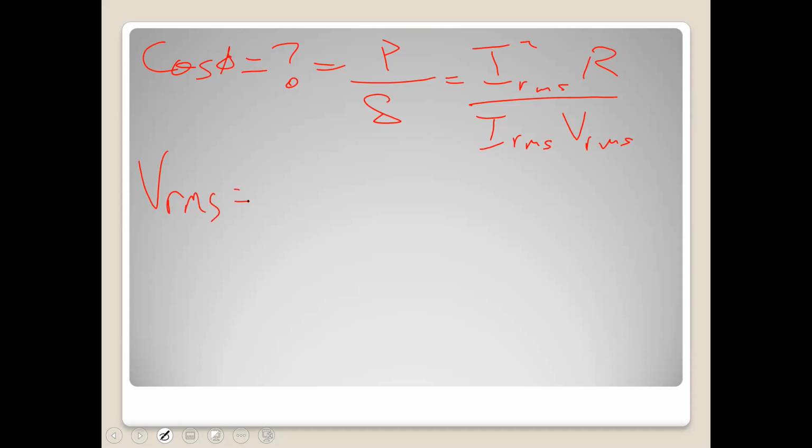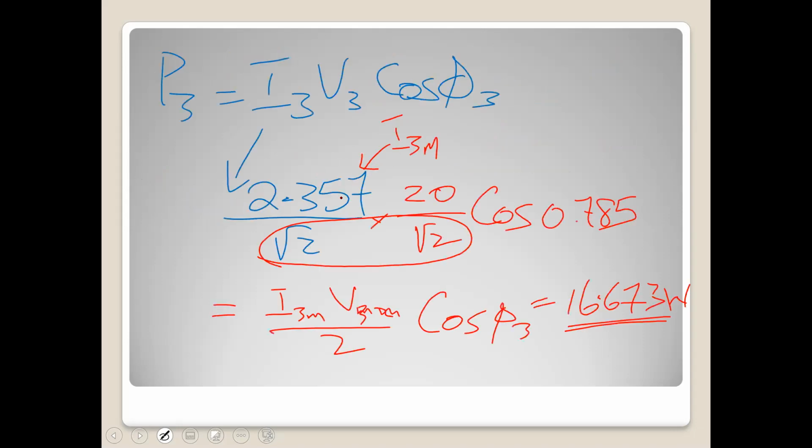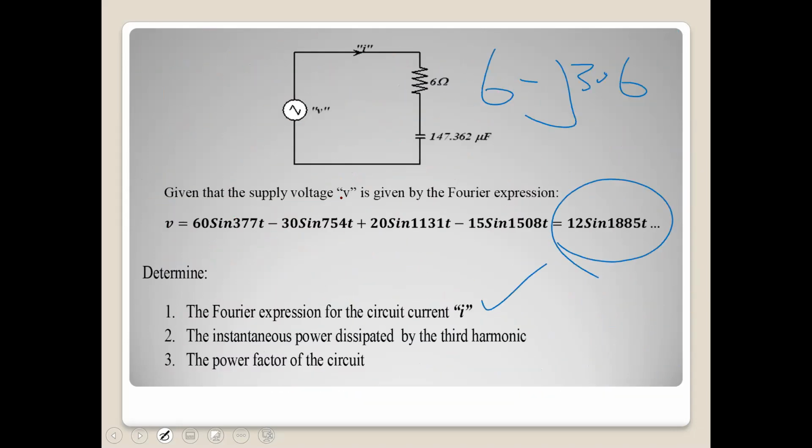Do we have any DC component? No, sir. All right. So it means that our VRMS would be the square root of 60 squared plus, what was it after that? 30. So 30, 20, 15.